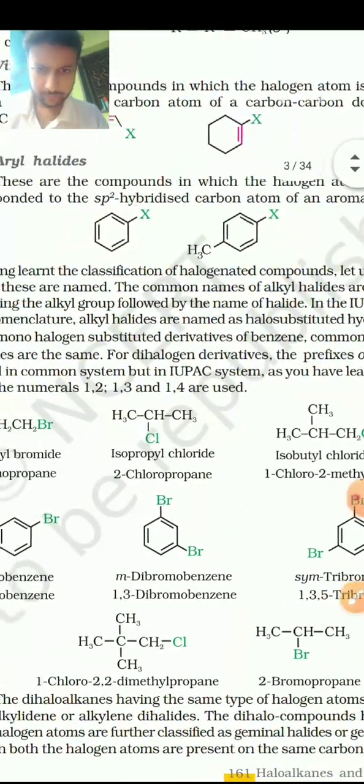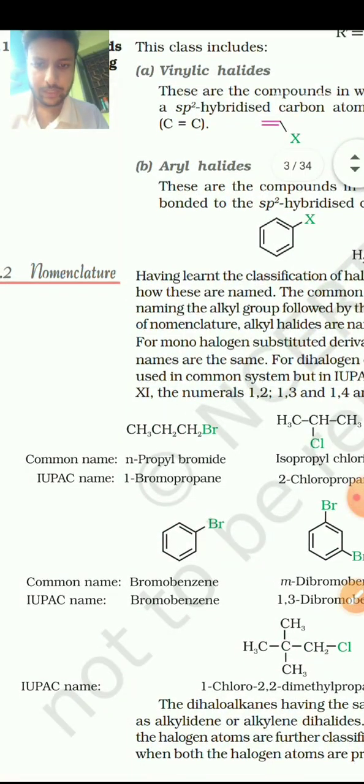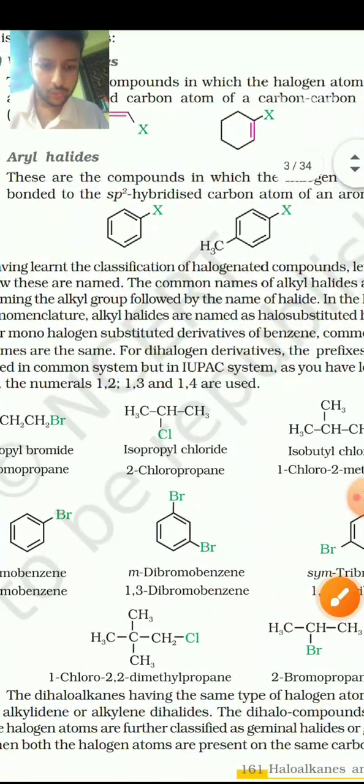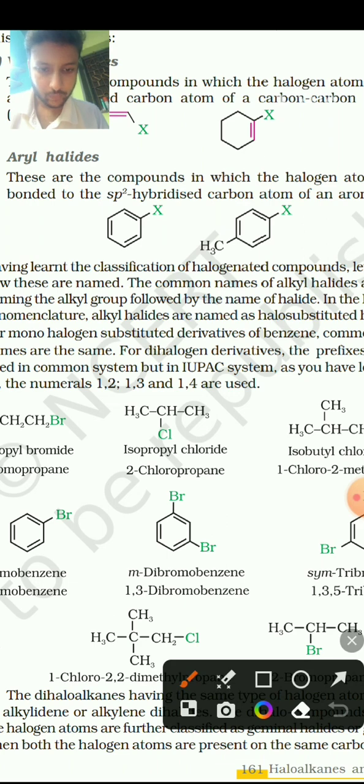Okay, so if we try to name this compound, what we have to do? We have to number the carbons in this way: 1, 2, 3, because now this functional group is present as a locant or substituent.